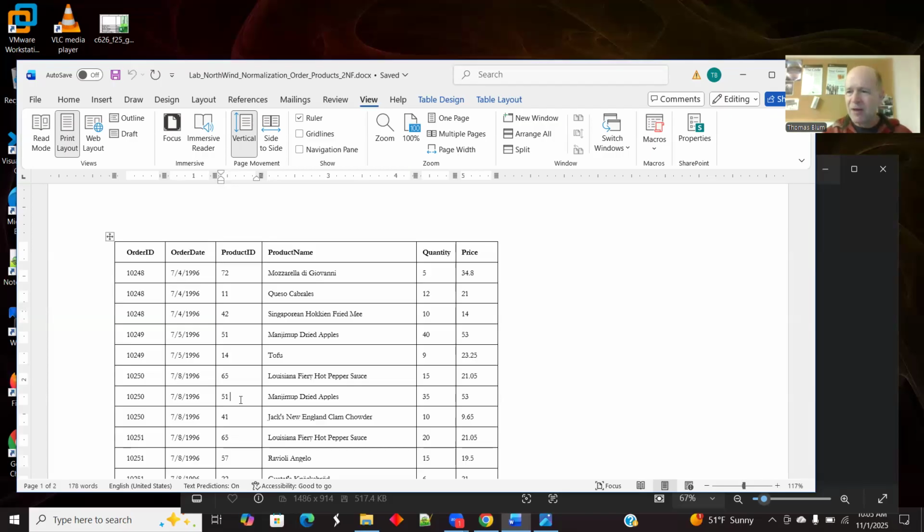Another way of talking about that is talking about order and product and getting what I call the relationship statement. An order may have many products. We saw that here, that order 10248 had a number of products. And the other half of the statement is, a product may be in many orders. We saw that product 51 was in more than one order. One more time: an order may have many products, and a product may be in more than one order.